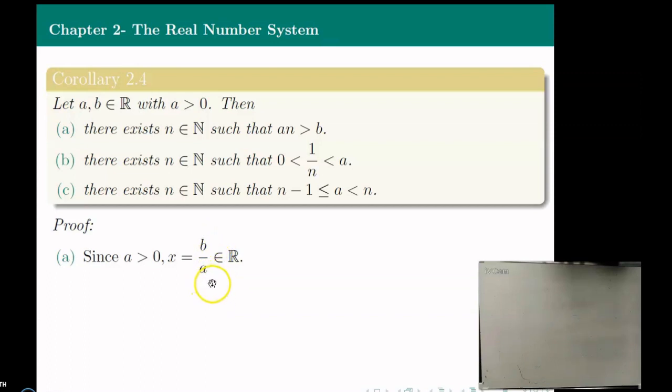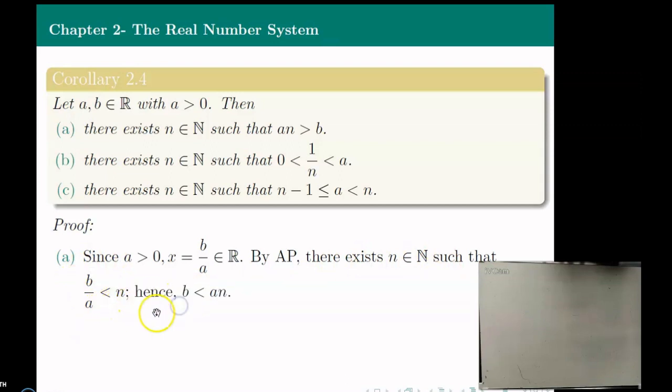By the Archimedean principle, if x is a real number, then there exists a natural number n such that x is smaller than n. So we have B over A less than n. Hence, we have A times n is greater than B. So, we're done proving letter A.